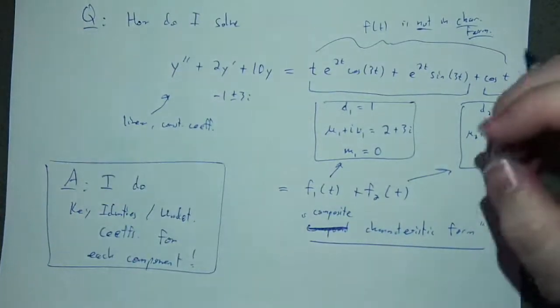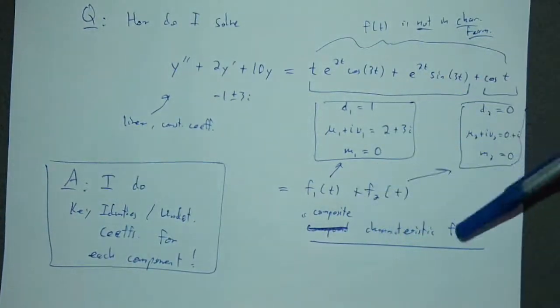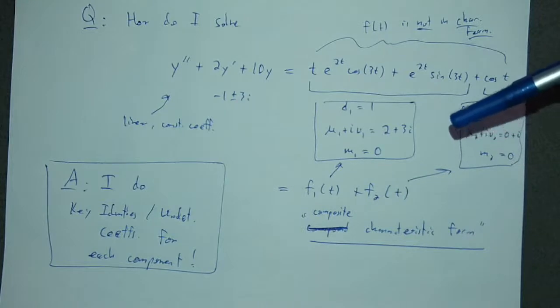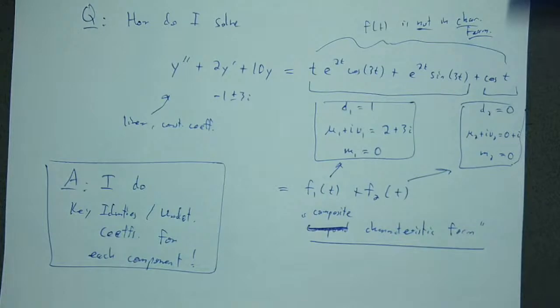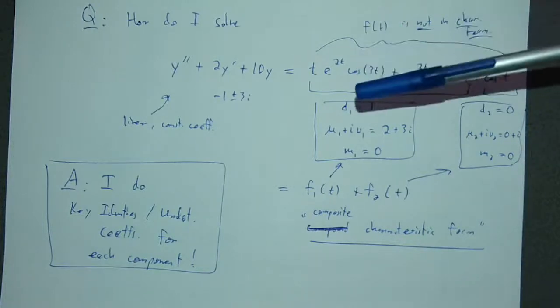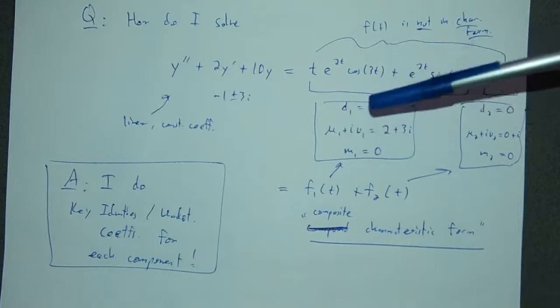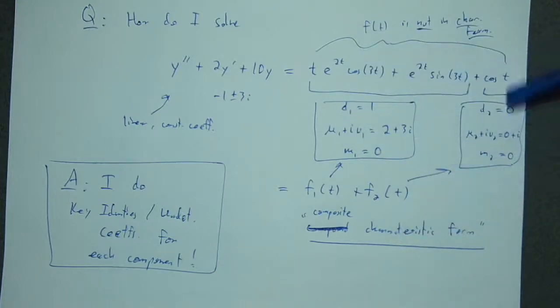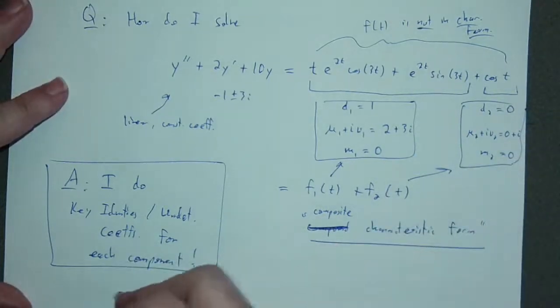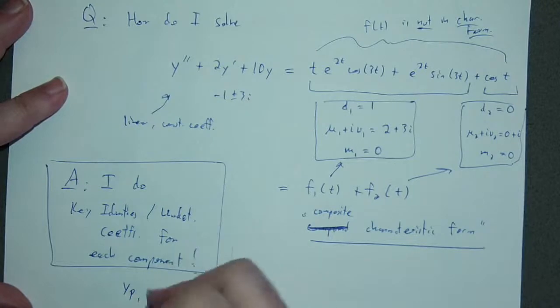So if something is in composite characteristic form, you have to do key identities or undetermined coefficients for each piece. If it's in two pieces that are in characteristic form, you do undetermined coefficients for this piece fully, and then do it for this piece. For each component, you would get a particular solution: y sub p sub 1 of t and y sub p sub 2 of t.